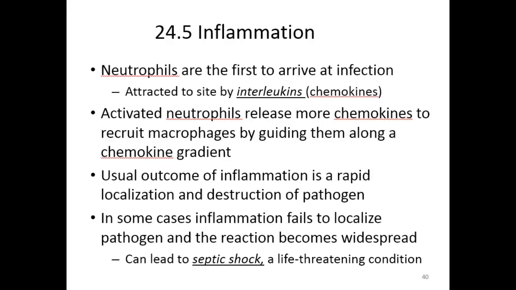So the release of cytokines by helper T cells stimulates the non-specific white blood cells to increase phagocytosis. So we have activated neutrophils. They release chemokines, recruit macrophages, guiding them along a chemical gradient that they're releasing, so a chemokine gradient. And then the usual response is rapid localization and destruction of the pathogen.